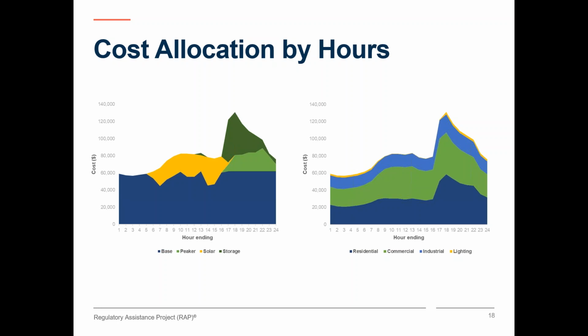So if you look at the far left-hand side, the industrials will be bearing a higher percentage of the cost for that hour than they would for, say, about hour 18 or 19, when you've got a lot of peakers and storage. The cost is much higher, and the relative load of the industrials compared to the total system is lower.